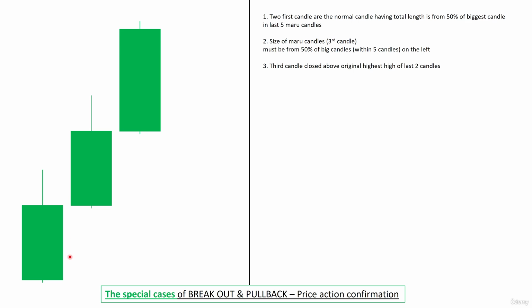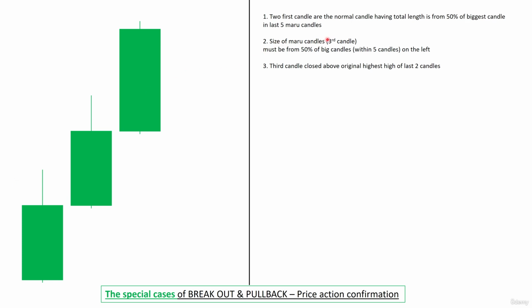Therefore, we can confirm here is a strong breakout or pullback on the market, and our standards at this time will be: the first two candles are normal candles, having a total length of at least 50% of the biggest candle in the last 5 multiple candles. We will count 1, 2, 3 on the left right over here as we do normally, right?